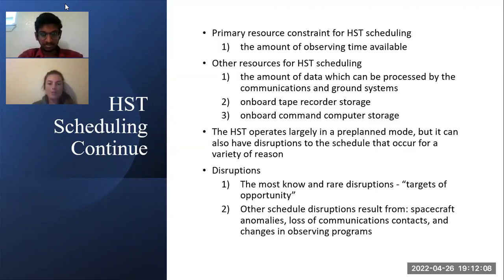The HST operates largely in a pre-planned mode, but it can also have disruptions to the schedule that occur for a variety of reasons. The most well-known disruptions are targets of opportunity, but there are other schedule disruptions, and they result from spacecraft anomalies, loss of communication contacts, and changes in observing programs.